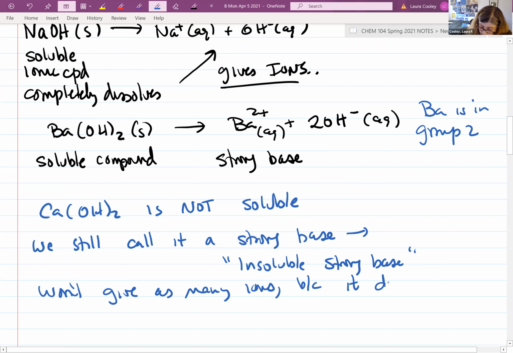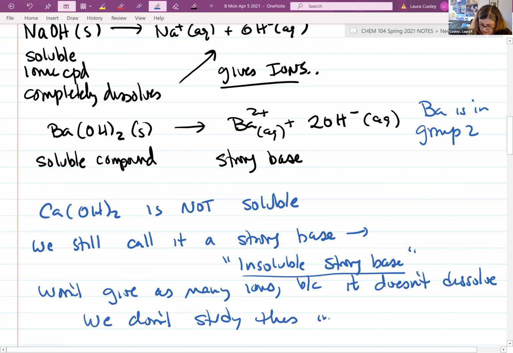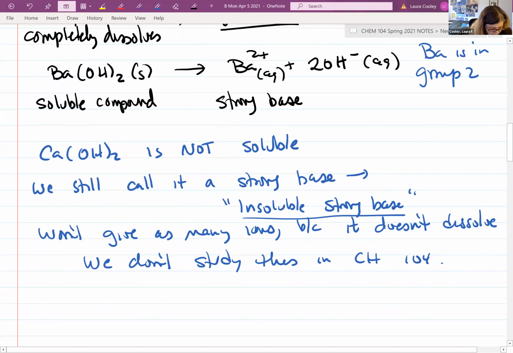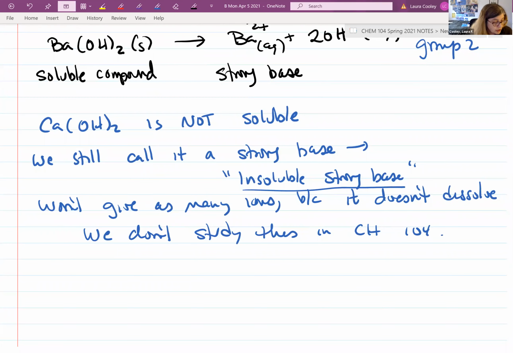But we still call it an insoluble strong base, and we don't do much with it. We don't study this in this course, right? You can breathe a sigh of relief on that. Yeah, so we don't pay much attention to that in this unit. So I'm really talking about soluble strong bases.